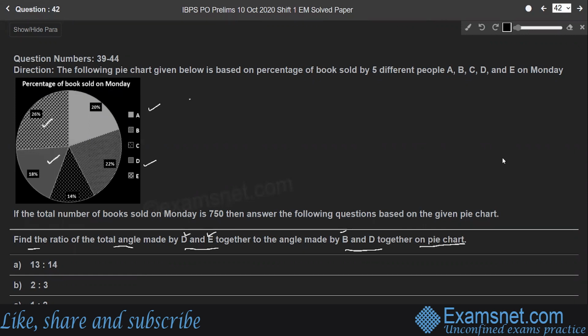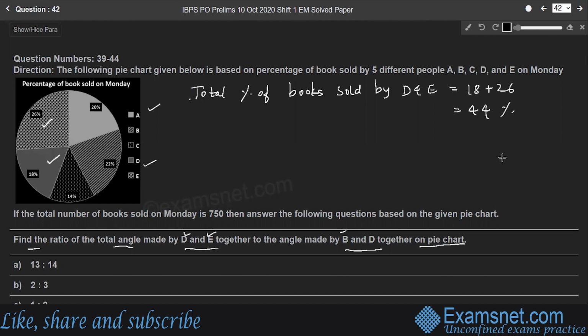Therefore, the total percentage of books sold by D and E is 18 plus 26, which is 44%, right?